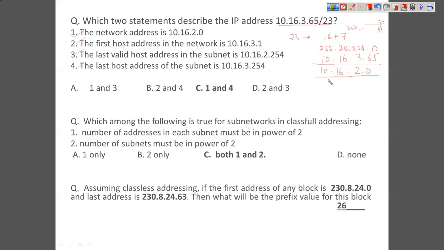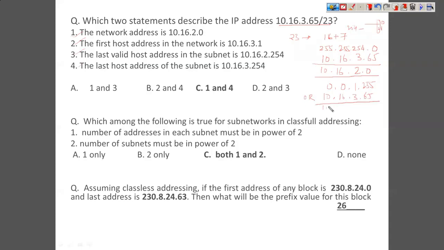And what is the last address? The last address you can find by using this. We will do the NOT of this mask, which is 0.0.1.255, and with 10.16.3.65 we do the OR operation.